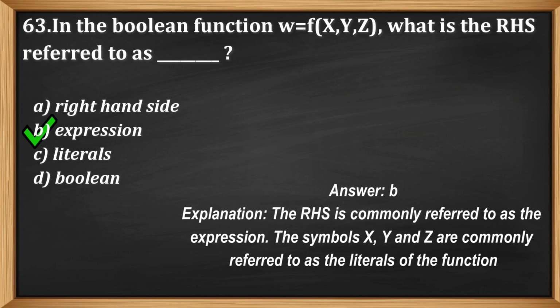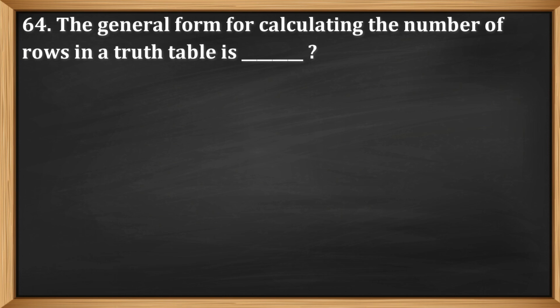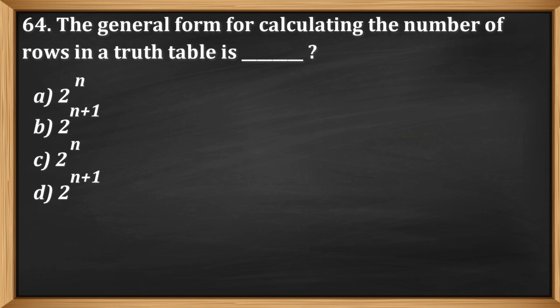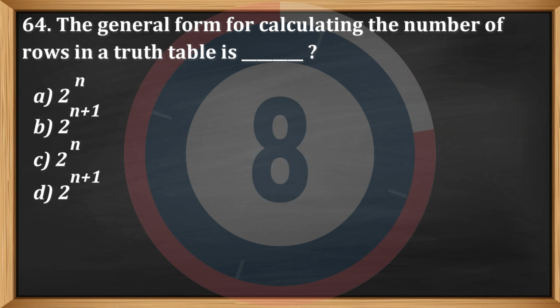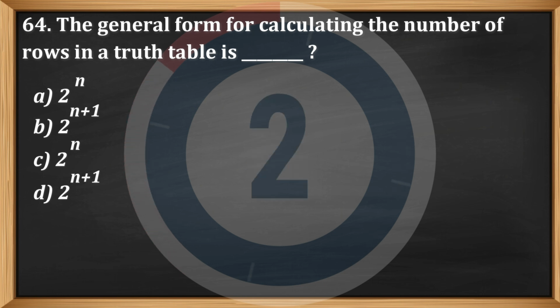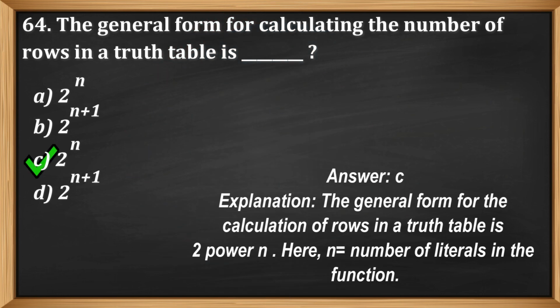Option B, expression. The general form of calculating the number of rows in the truth table is option C, 2 to the power n.